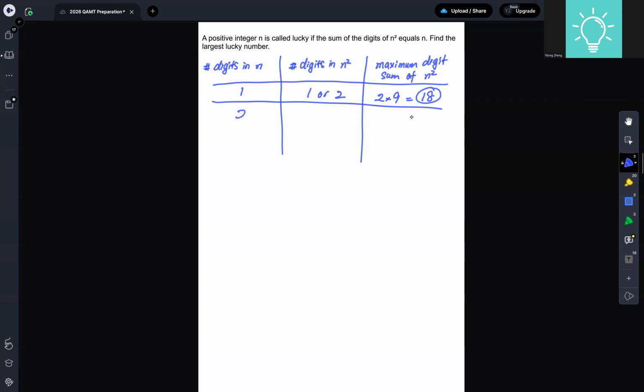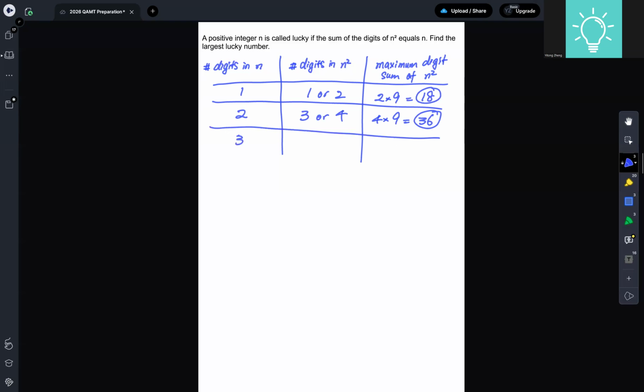We can keep going. If n has two digits, then n squared is going to have 3 or 4 digits. Of course, if n is less than 100, then n squared is less than 10,000, so not 5 digits. So in no way can the digit sum exceed 36, right?